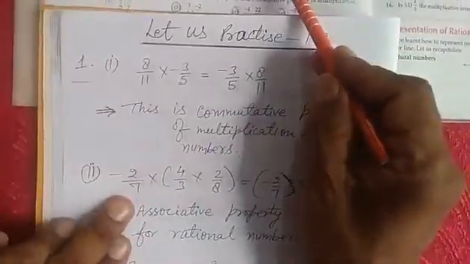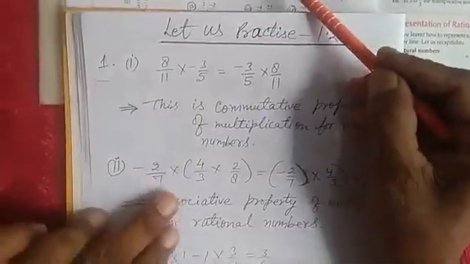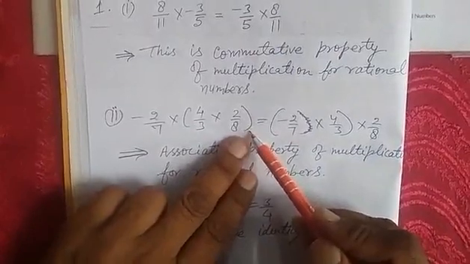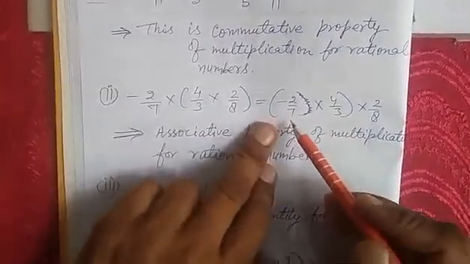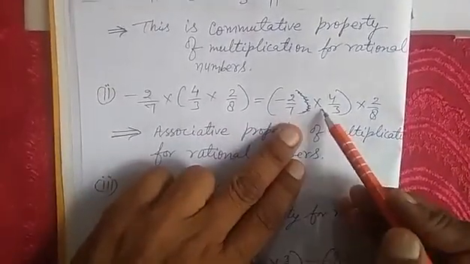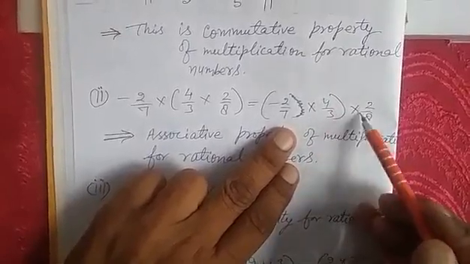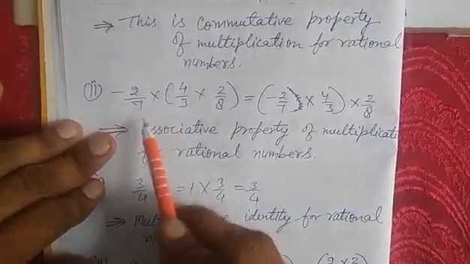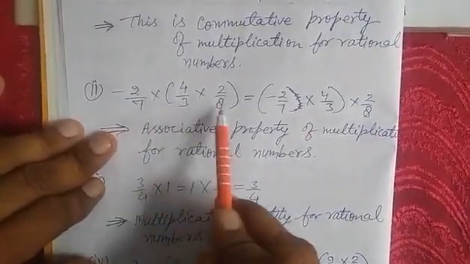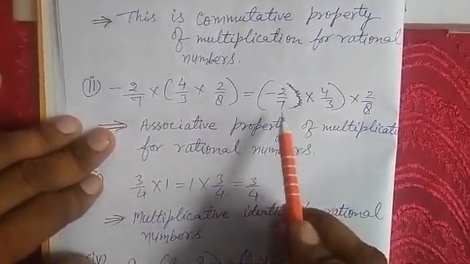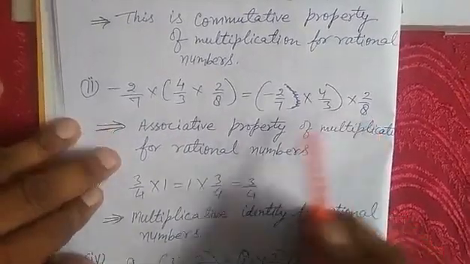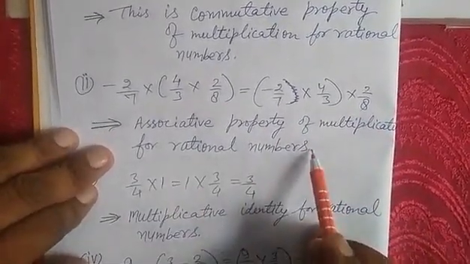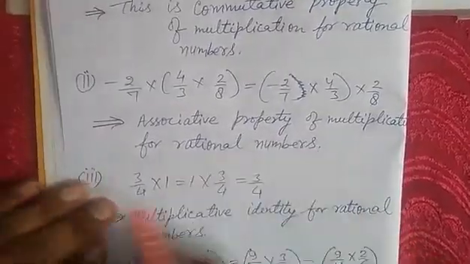Second part, minus 2 by 7 (4 upon 3 into 2 by 8) is equal to (minus 2 upon 7 into 4 upon 3) into 2 by 8. Here A into (B into C) is equal to (A into B) into C, meaning associative property of multiplication for rational numbers is used.